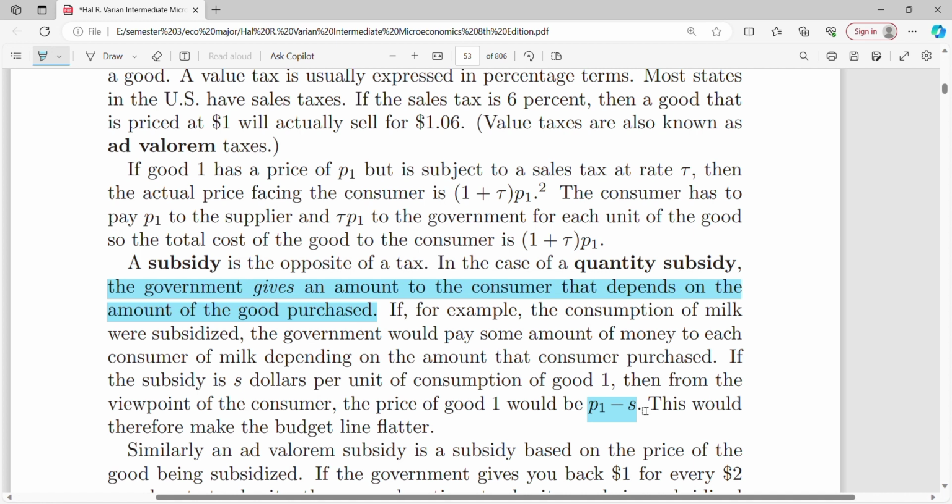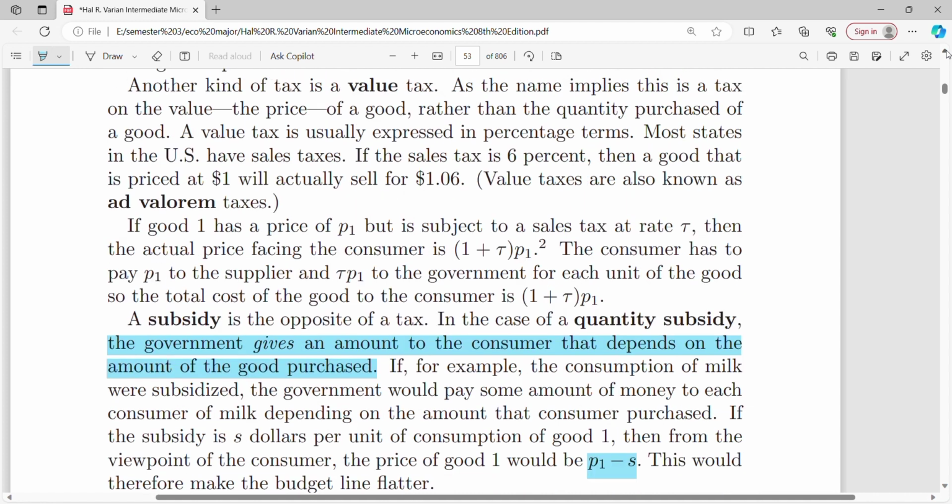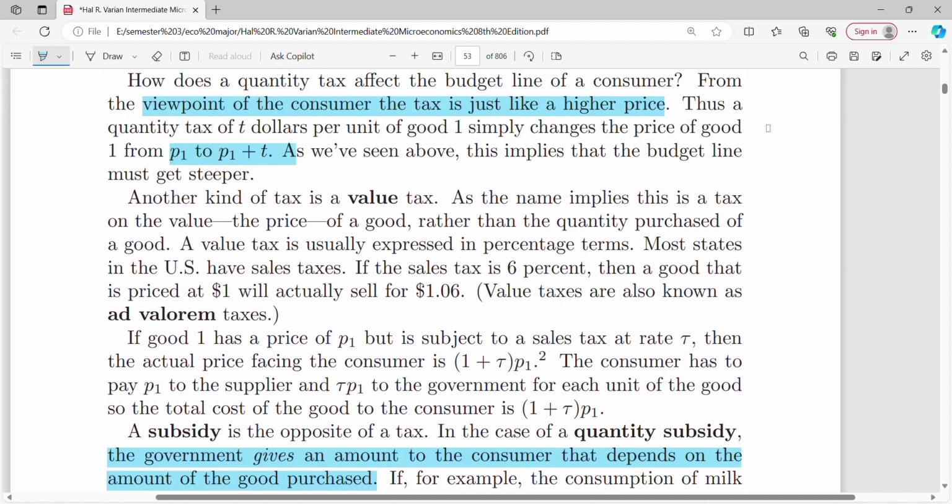So in the case of quantity tax and quantity subsidy, P1 plus T and P1 minus S. This is nothing but an extra amount associated with the quantity of goods purchased. If it's tax, the consumer needs to pay the government, and if it's subsidy, the government will pay the consumer. That's it.